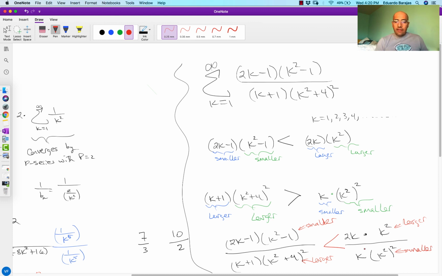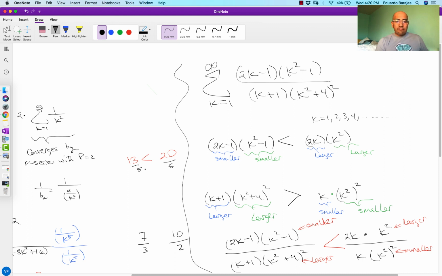And then I'm dividing by something larger on the left-hand side and something smaller on the right-hand side, so clearly this fraction is going to be even smaller than that one. If I have 13 is less than 20, that's true. And then if I divide both of them by 5, I keep the inequality.